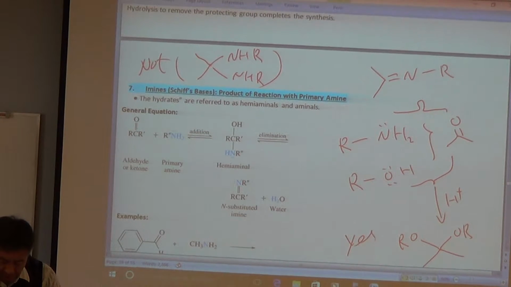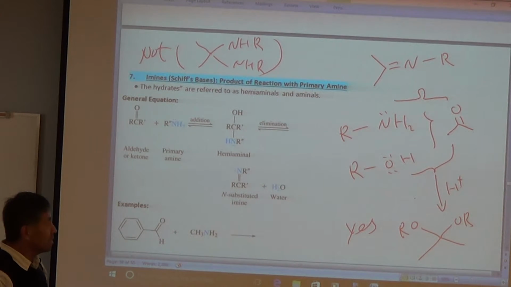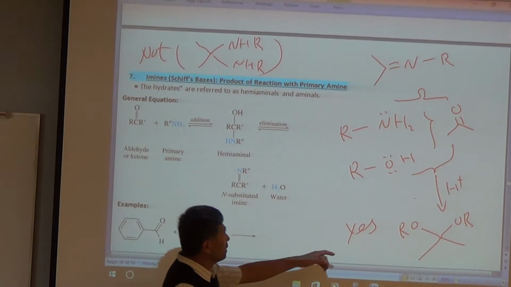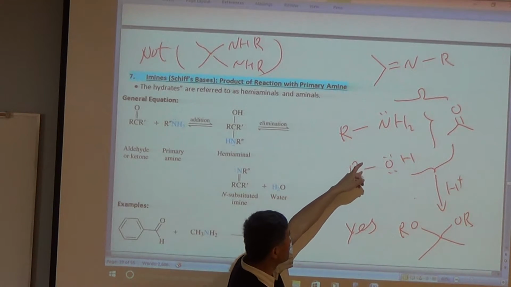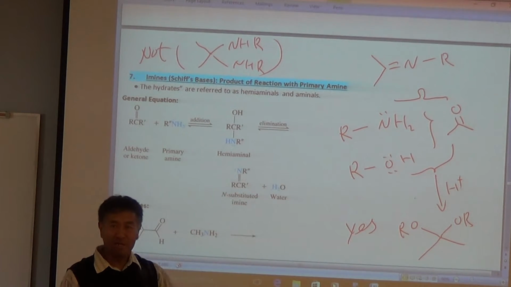But here it is yes. So you can go all the way adding two alcohols. You add only one primary amine, then that primary amine loses water and you have the double bond between N and C.